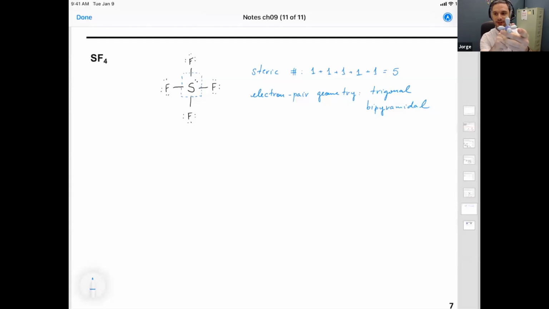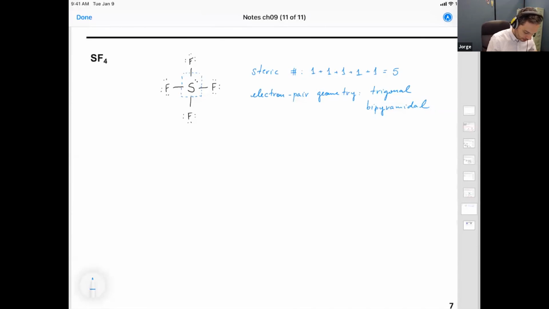All the sides are the same, and then 1 bond up and 1 bond down. That's why it's a trigonal bipyramid. Bipyramid always means 1 bond up and 1 bond down. It's like you have 2 pyramids, 1 up and another 1 down.